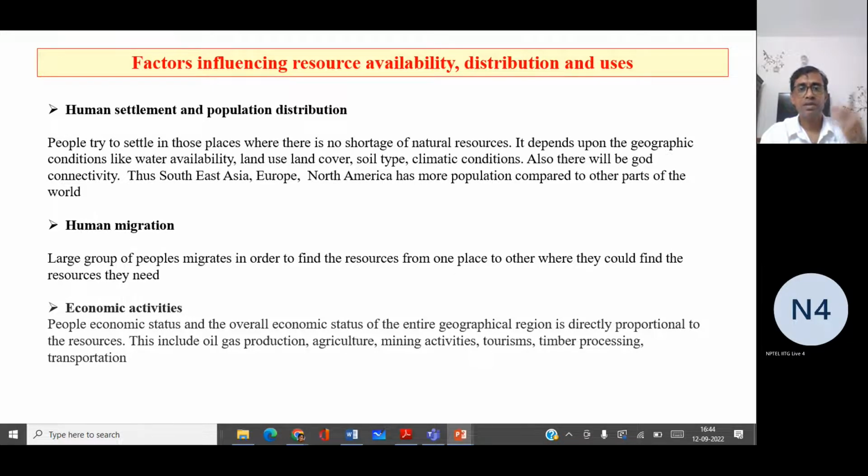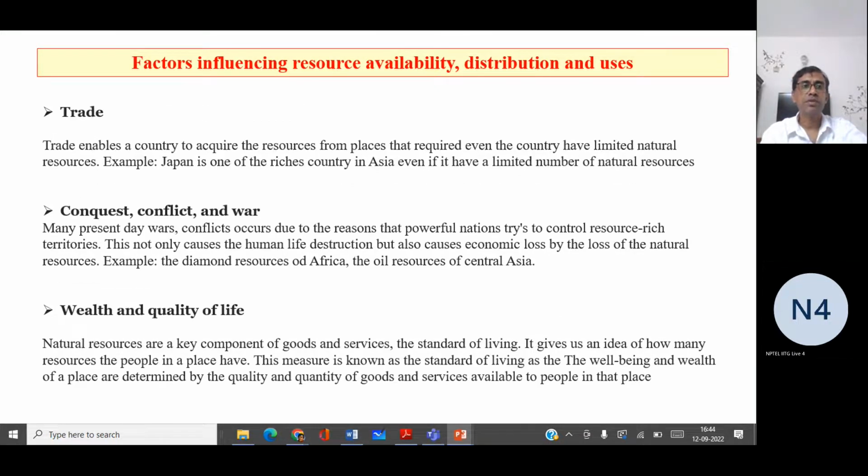So please, when you read any document about the natural resource base and related kinds of stresses, you will find that one of the impacts is in the form of human migration. People tend to leave from one place to another in search of resources like water, fertile land, because at the end of the day they have to survive.